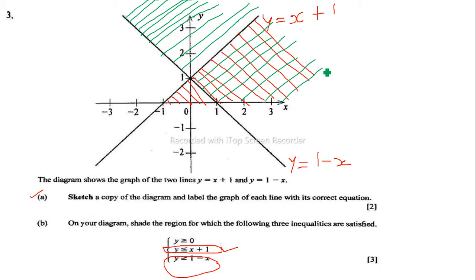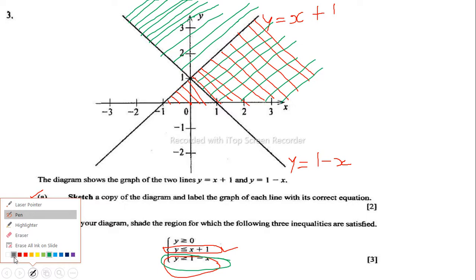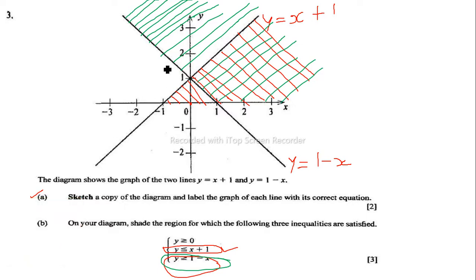All right, and then finally, so this is the green one. And then finally, y is greater than 0. That's simply all of the x-axis above. That's all of this.